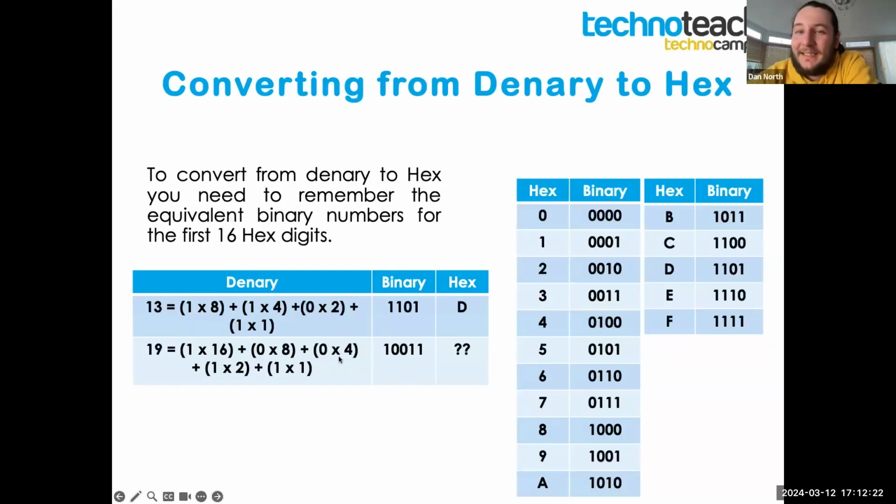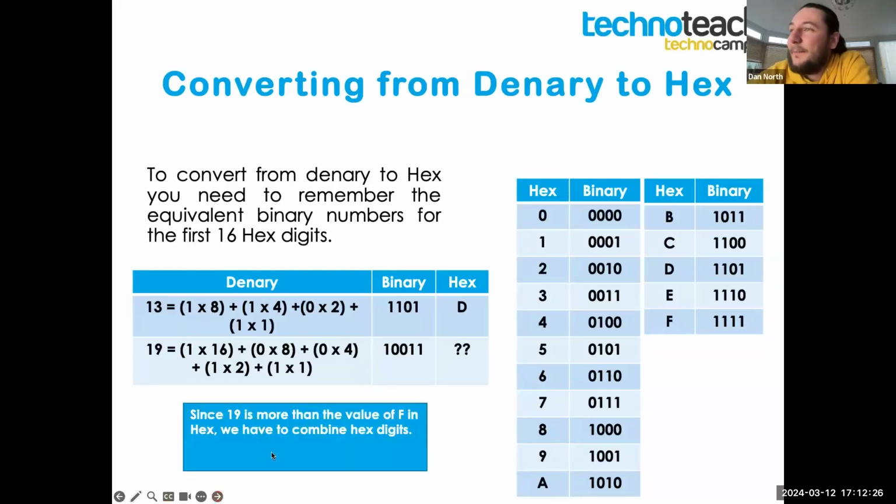So to get this, well, in fact, yeah, I believe it's on the next slide. So since we have 19 and we know that 19 is more than the value of F, which is 15, we know that we're going to have to combine our hex digits here.